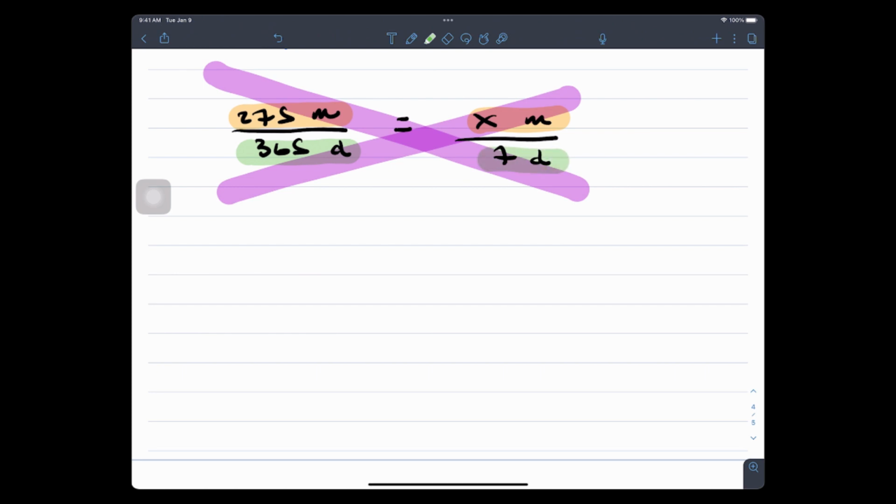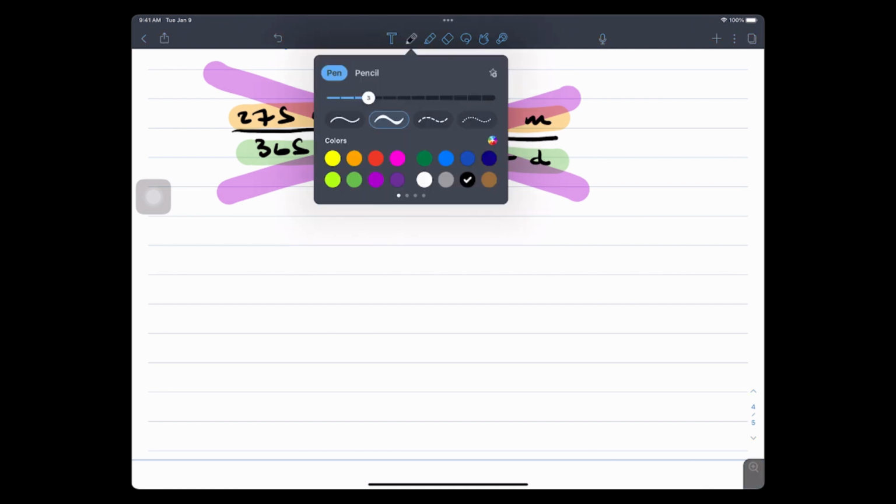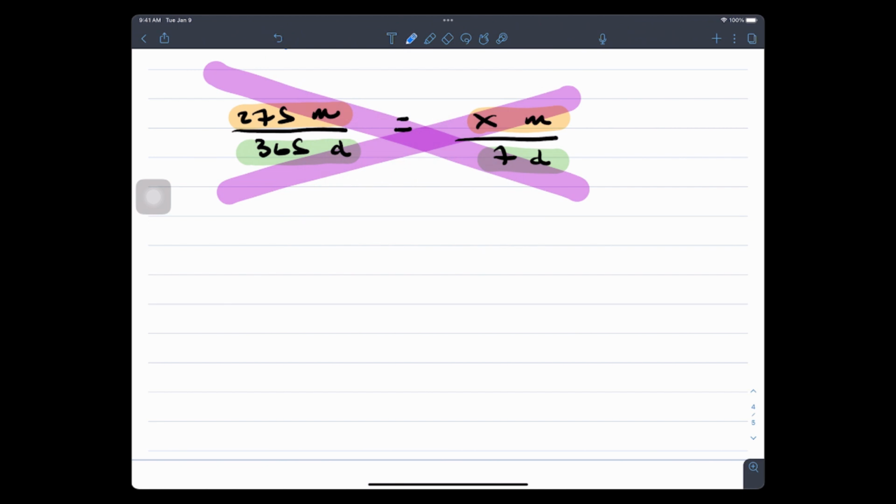Okay, you guys okay with that? See what happens here. 7 times 275 becomes 365 times x. Divide both sides now by what? 365.